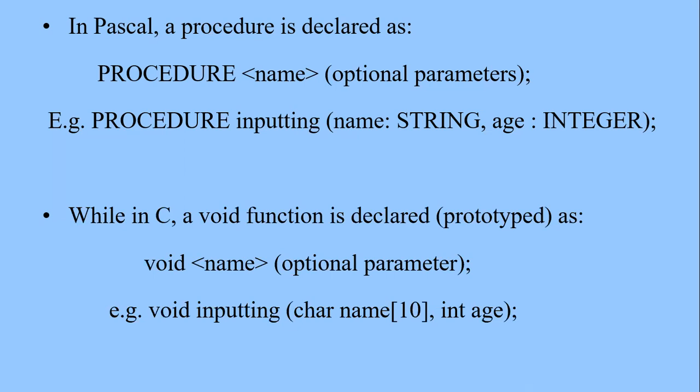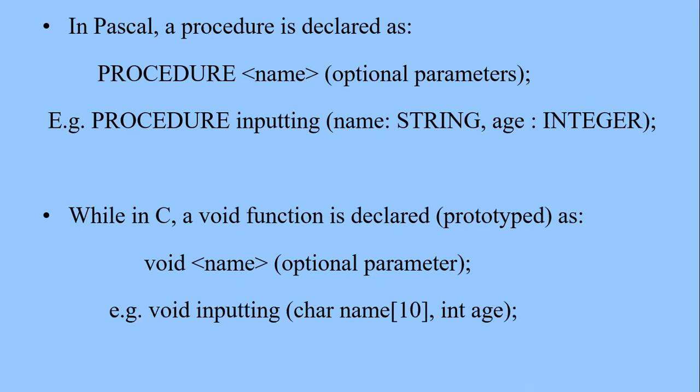First parameter is name, which is string type or an array of characters not exceeding 10. And then we have the other parameter called age of type int.